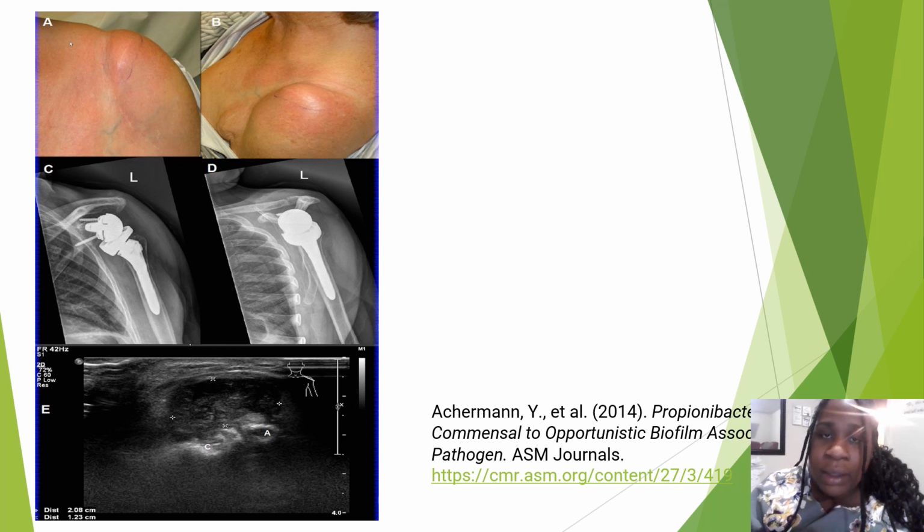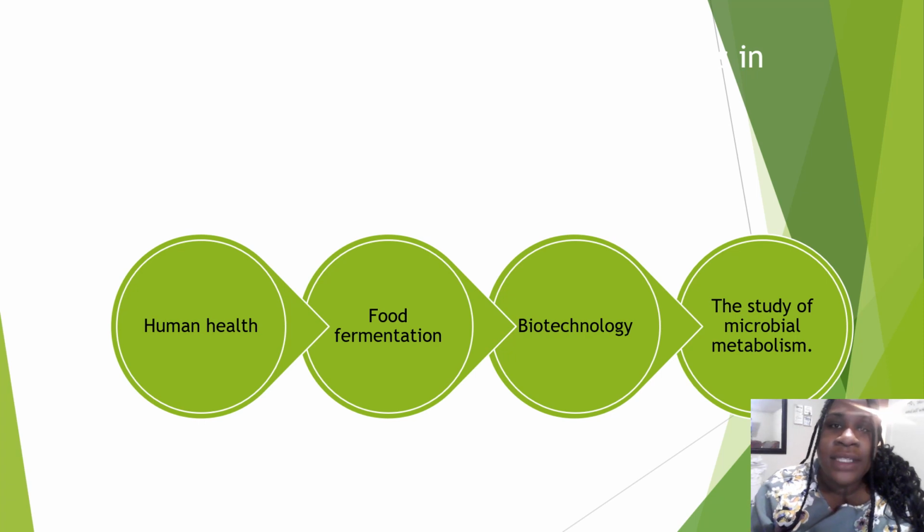Propionibacterium is a genus of bacteria that plays diverse roles in various environments, including human health and industrial processes. In human skin and health, P. acnes is a species of Propionibacterium commonly found on human skin.